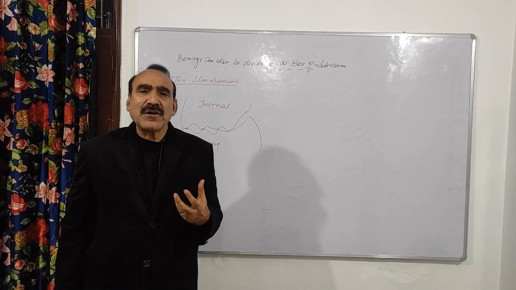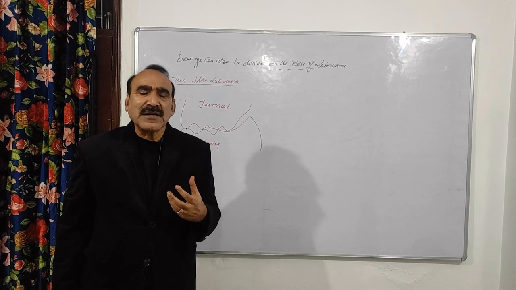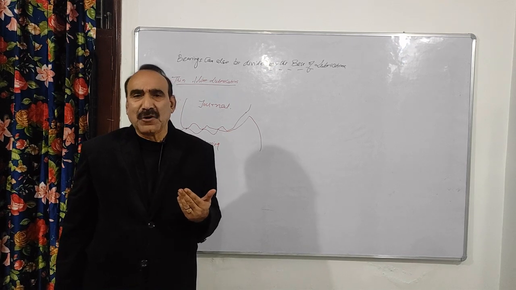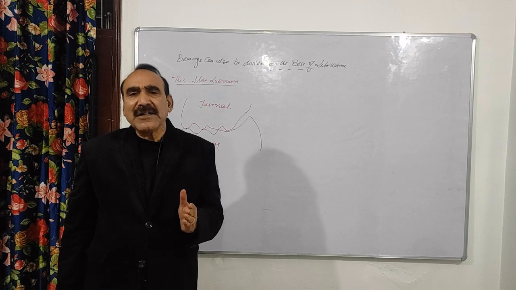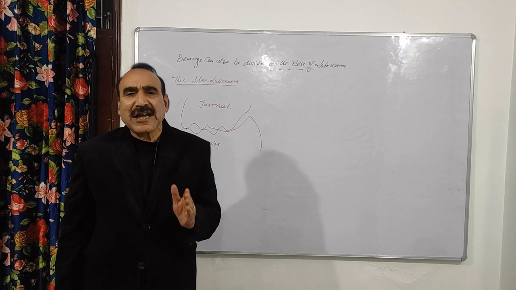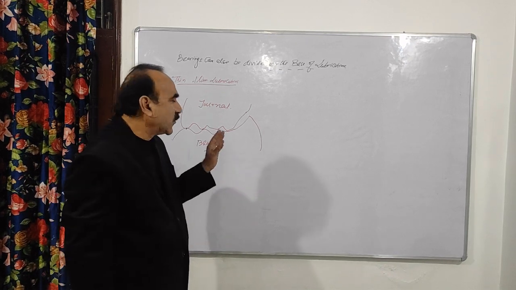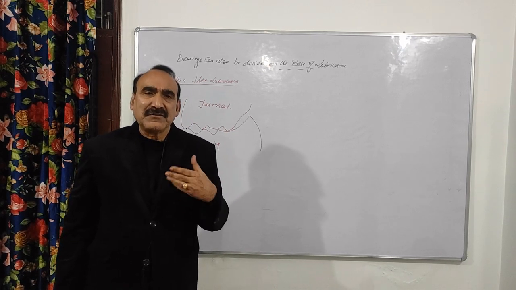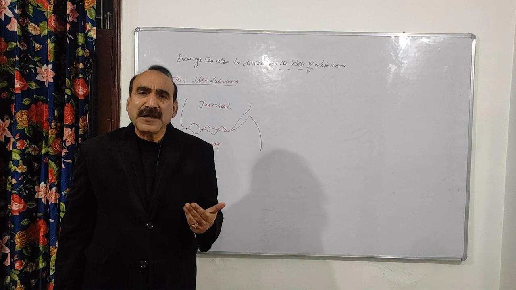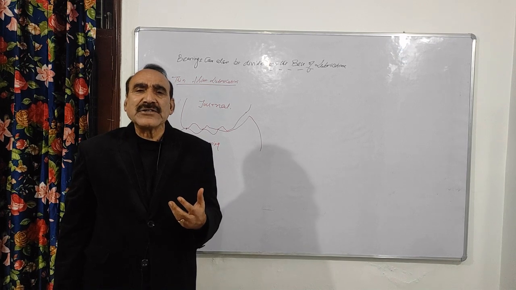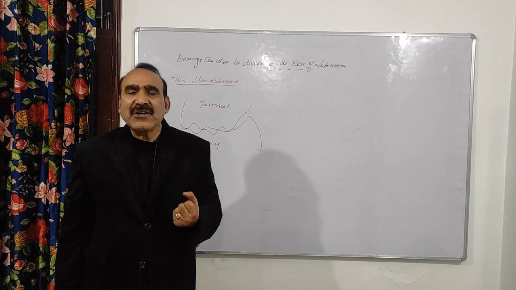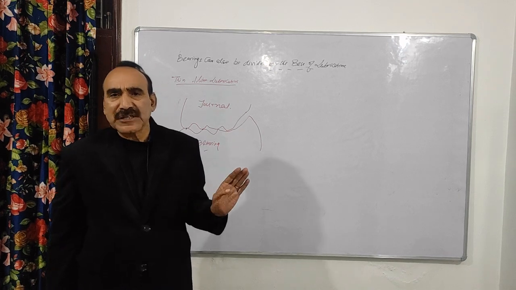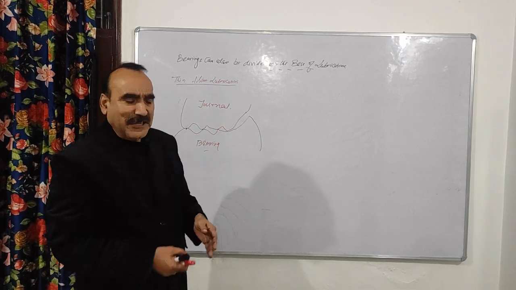Here the friction is more, wear and tear is more, and heat generation is more. So ultimately we don't use this type of lubrication in high speed, where the shaft is rotating at very high speed, or where the load is very high, load is large. At that point we don't use this. So this is your thin film lubrication.